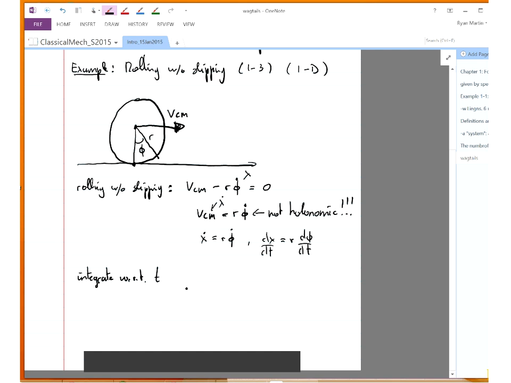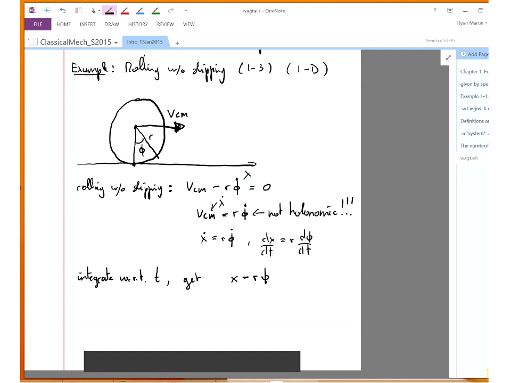If we integrate with respect to time, we get that x is r times phi. That's also what you expect. You kind of knew ahead of time that x equals r times phi.